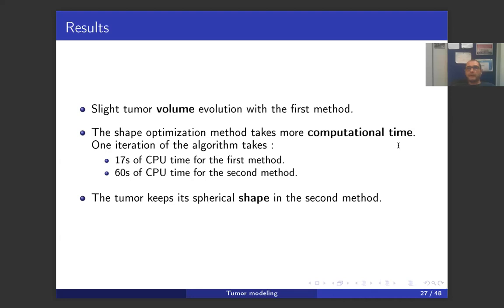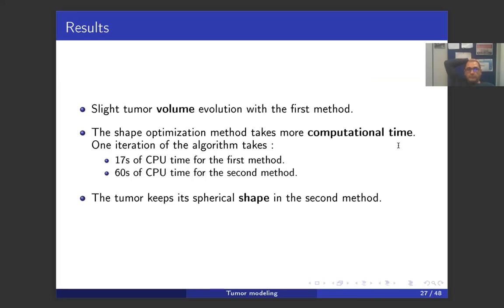But about CPU time, using the first method, we have only 17 seconds of CPU time, and using 60 seconds of CPU time for the second method. Of course, the second method uses adjoint variables, and we have to do more and more computation.